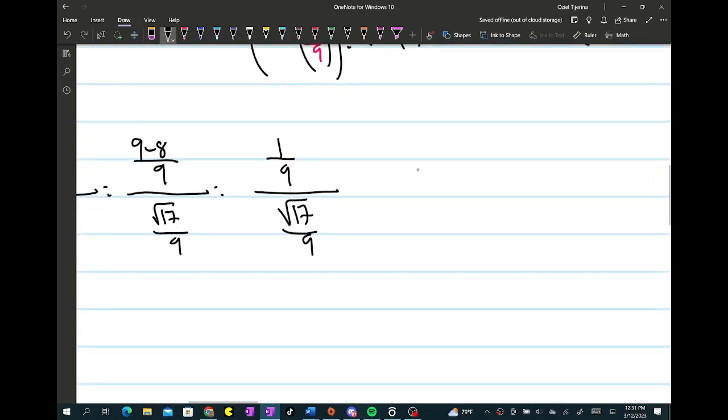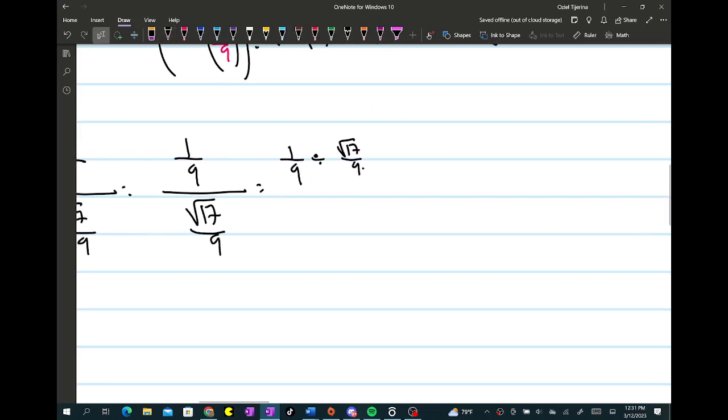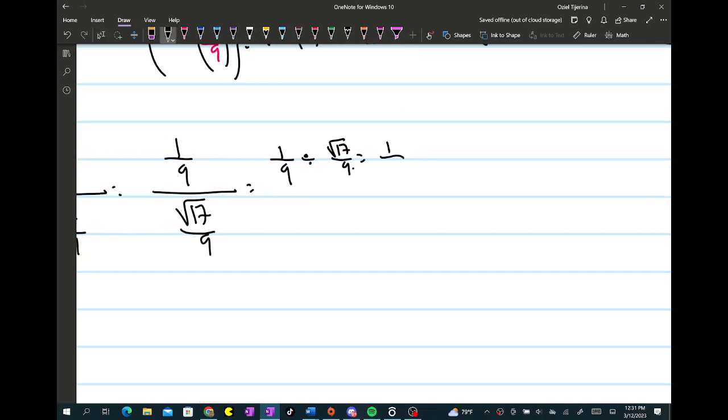And then this becomes 1 over 9 divided by the square root of 17 over 9. Of course, we just say 1 over 9 times 9 over square root of 17. Then these two cancel out, this one and this one, and we're left with 1 over square root of 17.